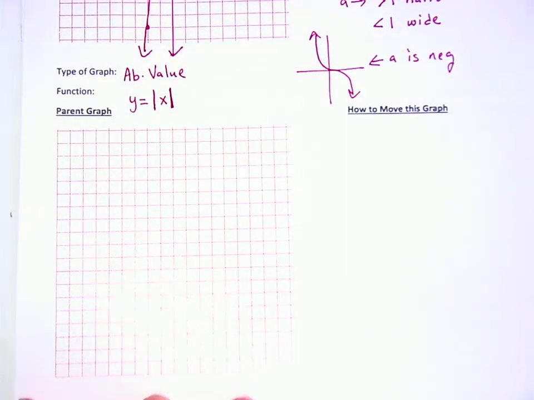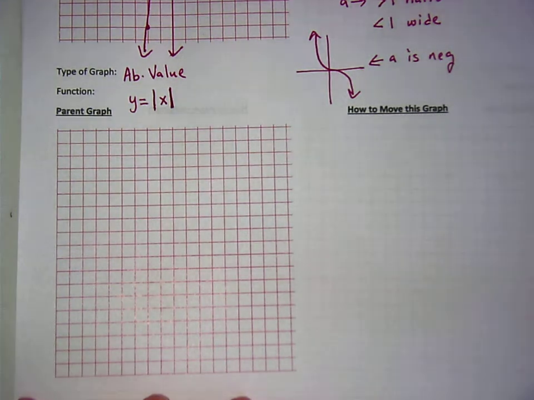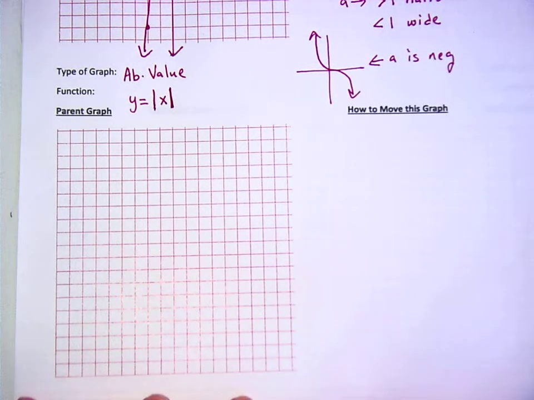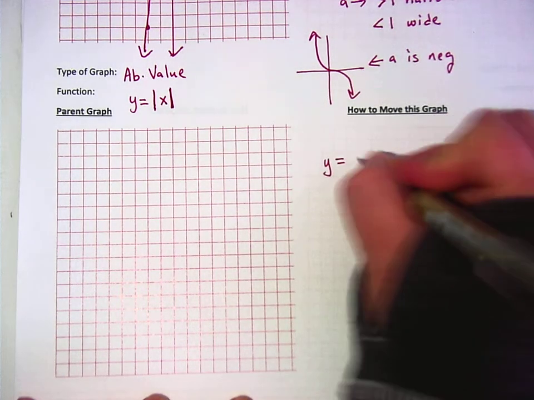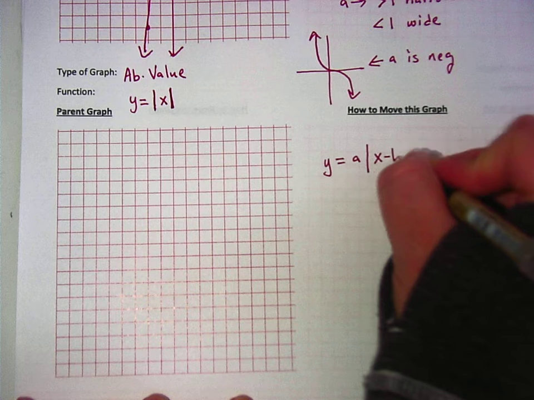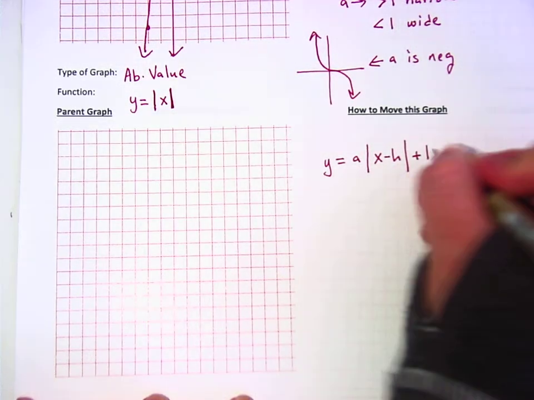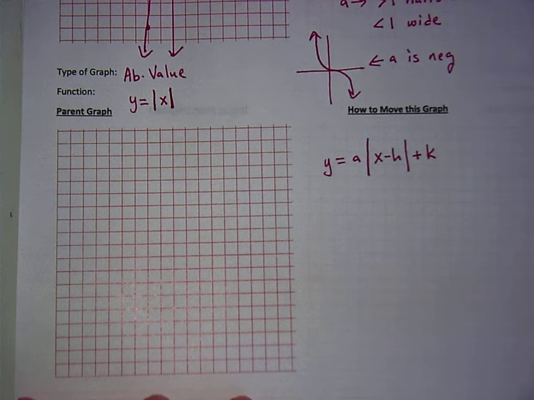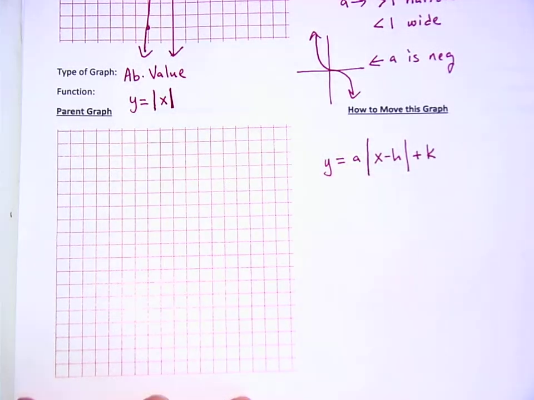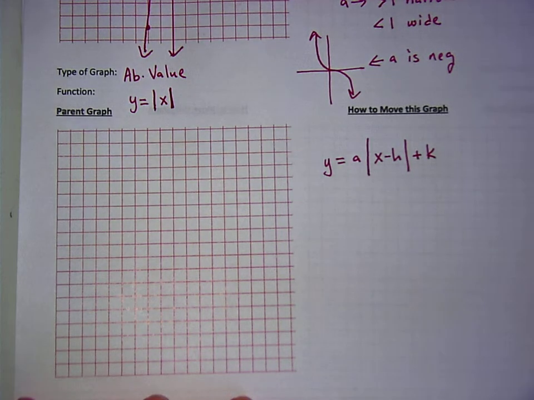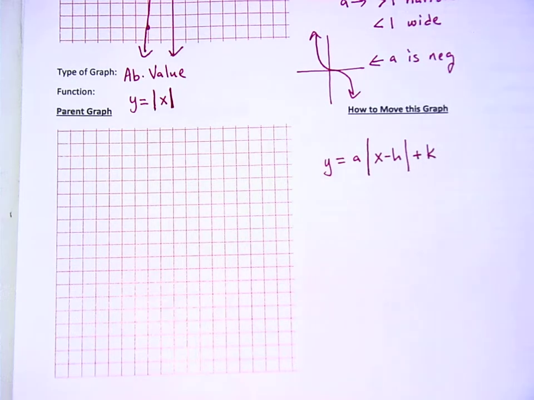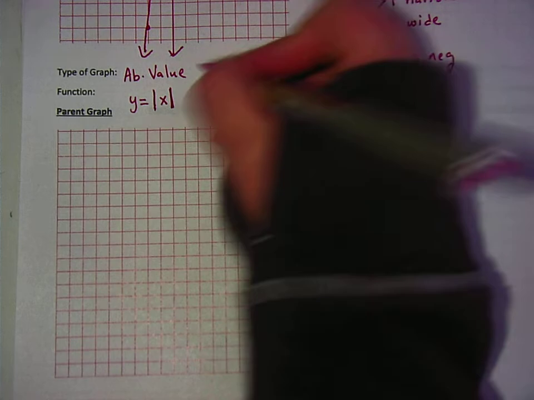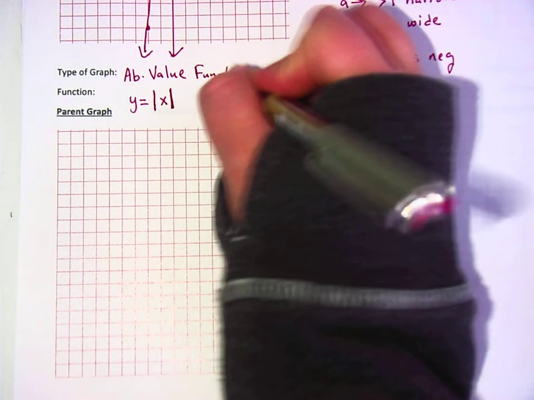Make sure that your absolute value signs are really clear, that they don't look like ones. Anybody happen to remember what an absolute value function looks like?